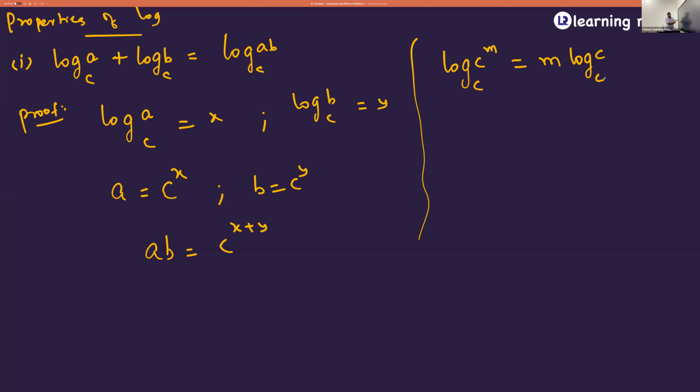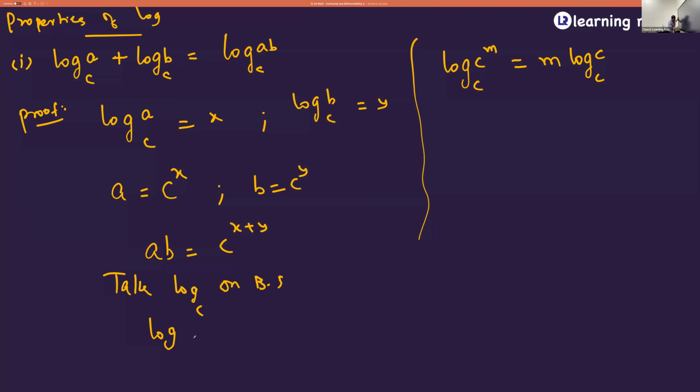So why I'm telling that is, ab is equal to c power x plus y. Here I have an exponent. So if I need to solve an exponent, I need to take log on both sides. I'll say take log base c on both sides. Makes sense? Like how you take sine inverse on both sides, same logic. So taking log base c on both sides, what do I get?